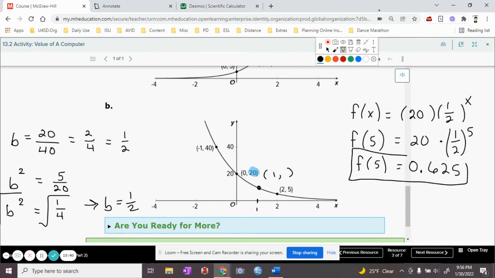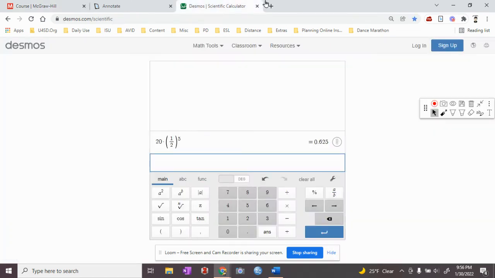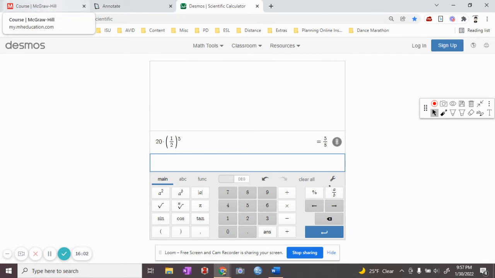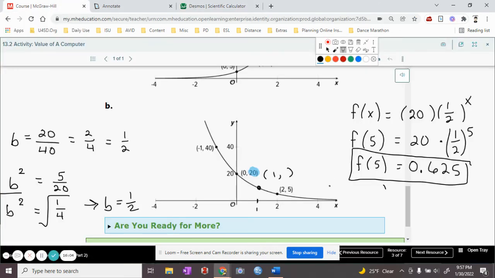If you want to write that as a fraction, there is a way to do that. Oh, just click this button right here. And that's 5/8. Okay, so 0.625 is the same as 5/8. So you can represent your answer either way. Both of these are correct. Okay? All right.